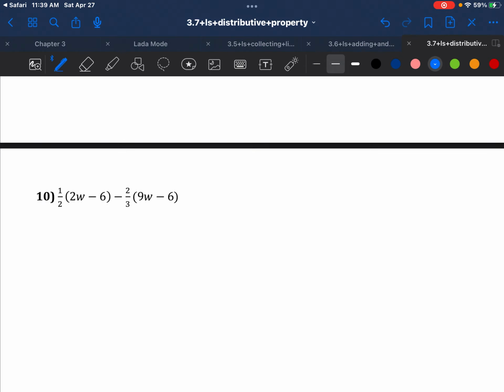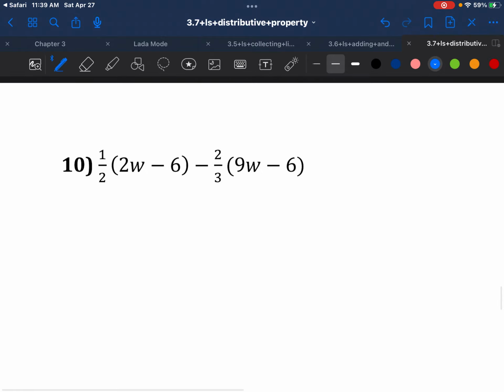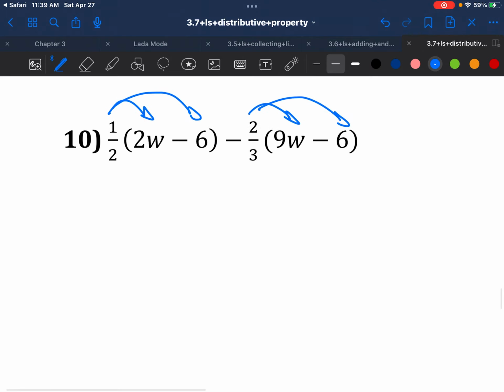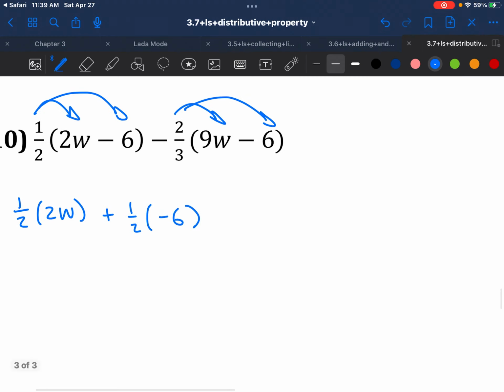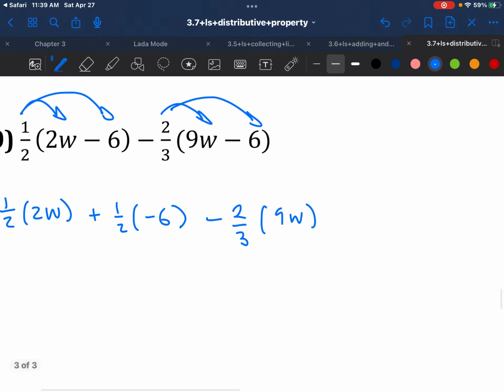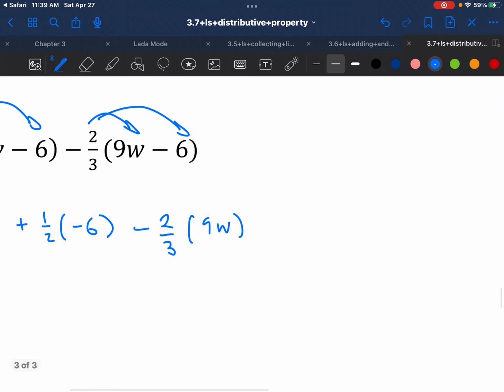Now this one's a little bit more tricky. We have a fraction, but we could still figure it out. So just multiply that and that. So 1/2 of 2w, we could just write that as this, and then plus 1/2 of negative 6. Then minus 2 over 3 times 9w, minus 2 over 3 times negative 6.